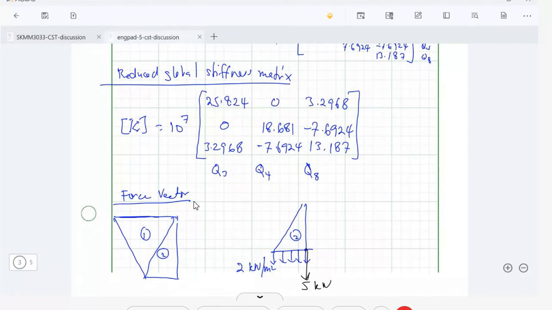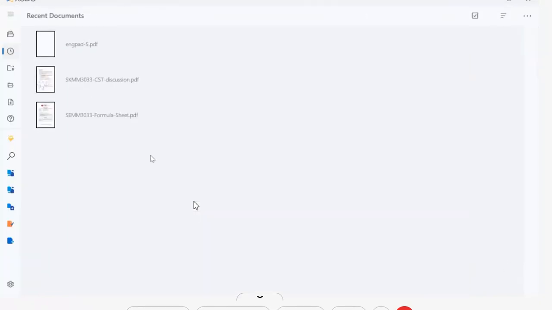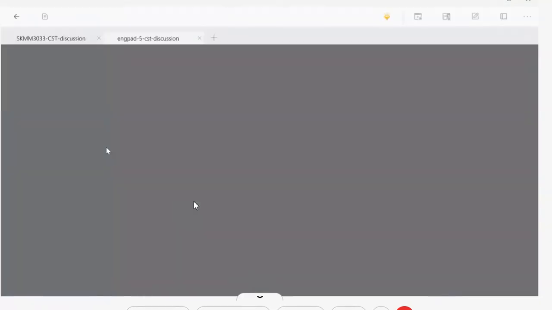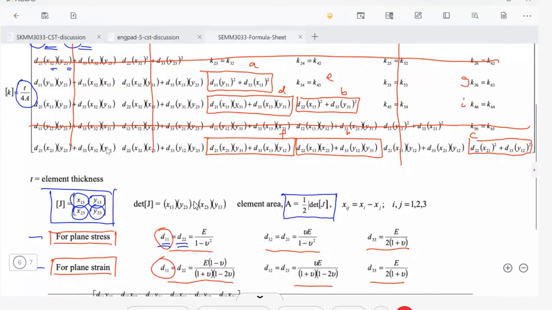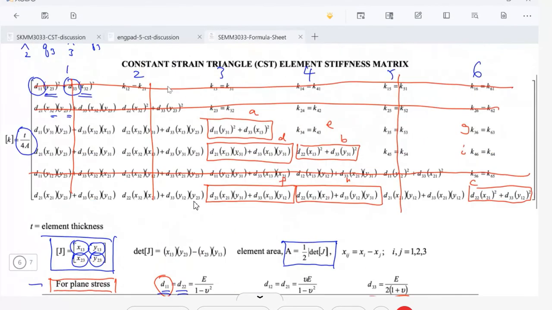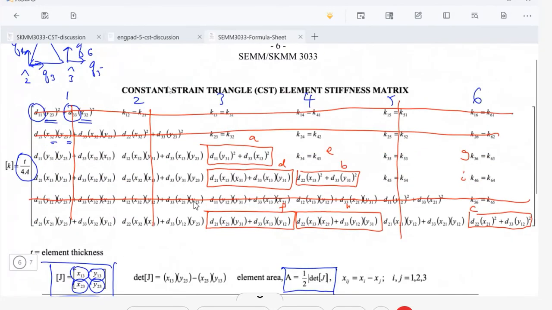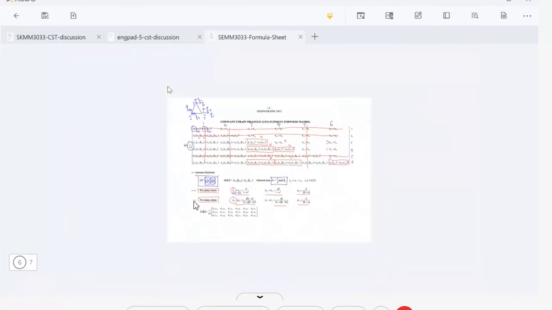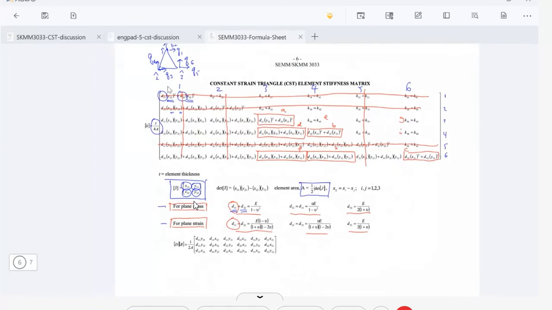Hopefully, I can open this formula sheet. Oh, okay. There's no loading formula? Oh man, this is frustrating.